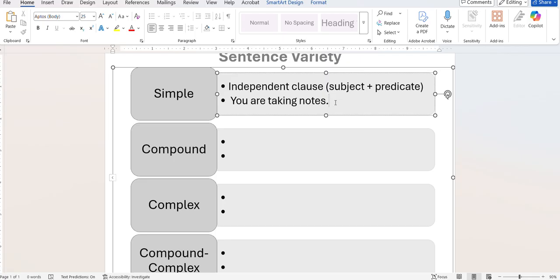So as far as the scoring on the SOL goes, this is not sentence variety just because I add extra subjects and extra predicates. Making it you and the person beside you are taking notes and studying for a test. Still a simple sentence, even though I had two subjects and two predicates. Or compound subject, compound predicate.